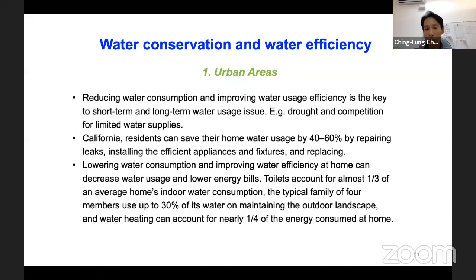So that's why California is very dry. And people who live in California prefer to have a garden around their house. When people have a garden, they use a lot of water to take care of the plants, vegetables or flowers. That's why they say about 30% of the water goes to maintaining the outdoor landscaping.